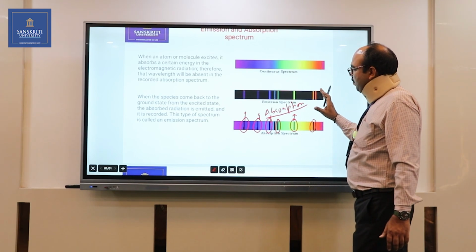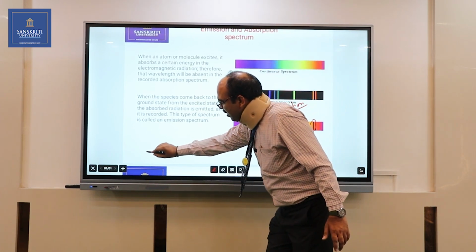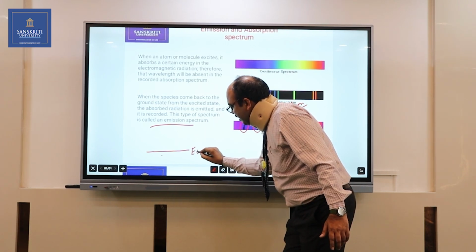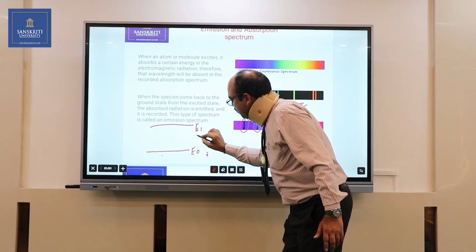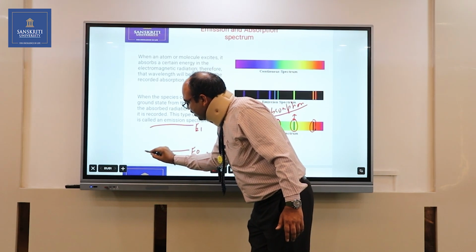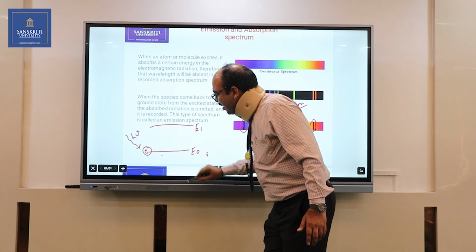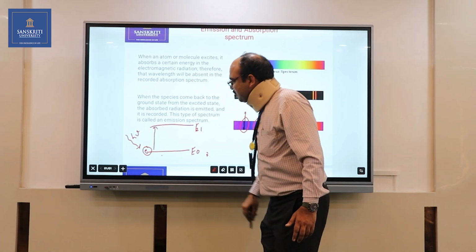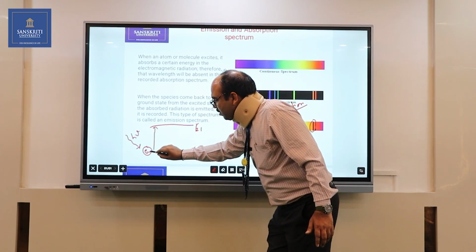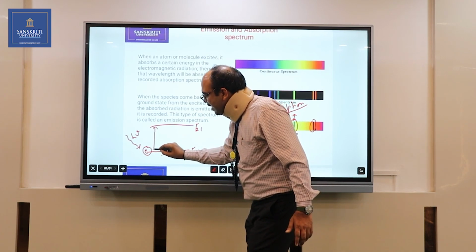While if we talk about the emission, when the species come back to the ground state. Earlier we talked about the energy: E0 is the ground state and E1 is the excited state. When the electron is in the ground state and a photon or energy strikes the electron, the electron moves to a higher energy state.